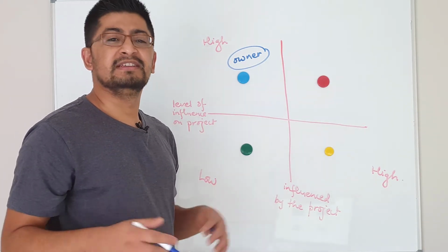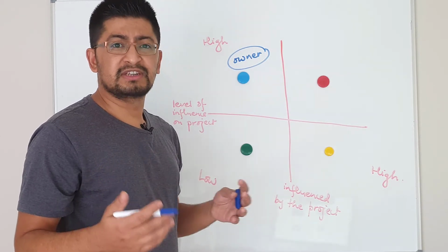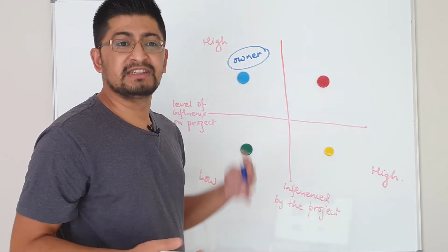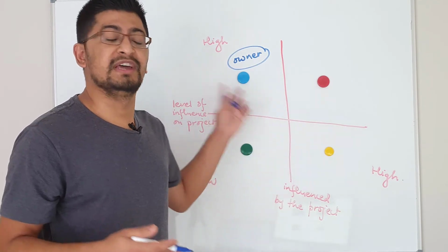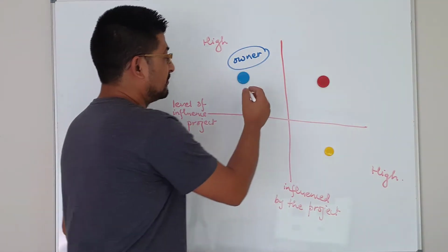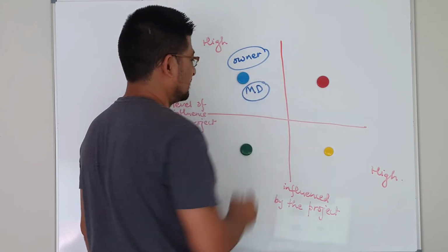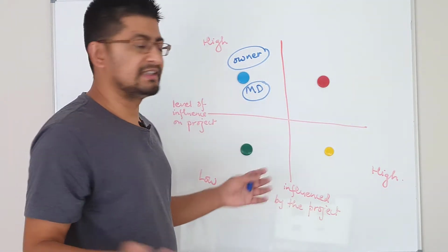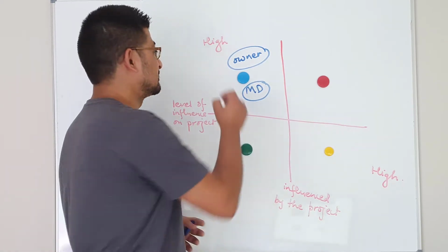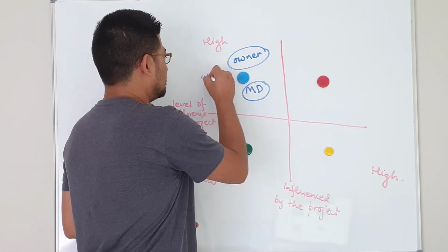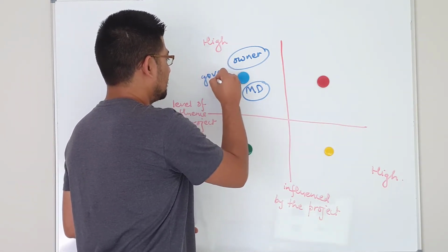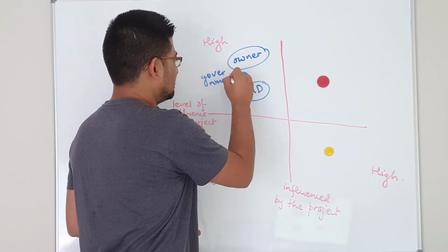If an unsuccessful project is, let's say, 500,000, that may not impact the owner a lot. It could also be the managing director of that company. If it is a governmental project, then governments are sponsors, so the government could be in this section.